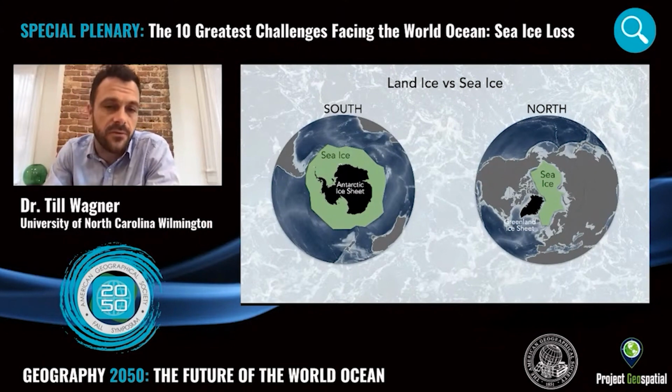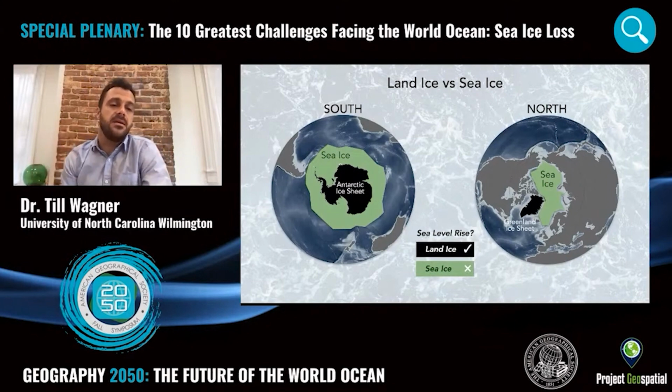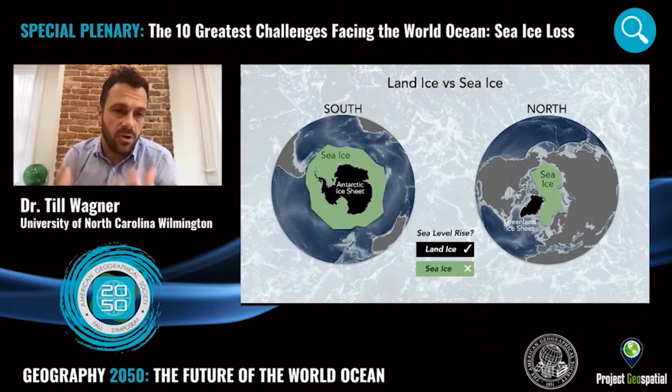So the main point of this slide for me here is that land ice, which sits on land, when that melts, it contributes to sea level rise because you're adding a new volume of water to the existing ocean. Whereas sea ice, on the other hand, is already floating in the ocean. And when sea ice melts, you're not adding any new mass to the ocean. And so sea ice is actually not contributing to sea level rise.